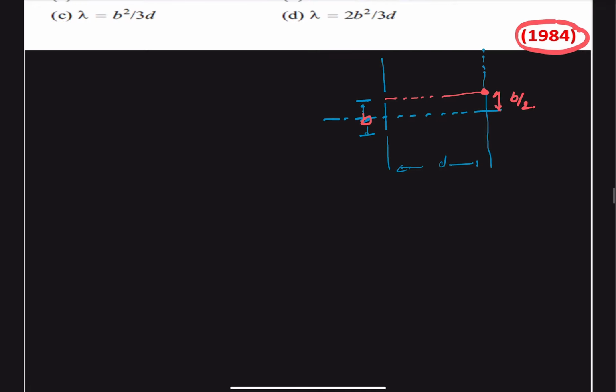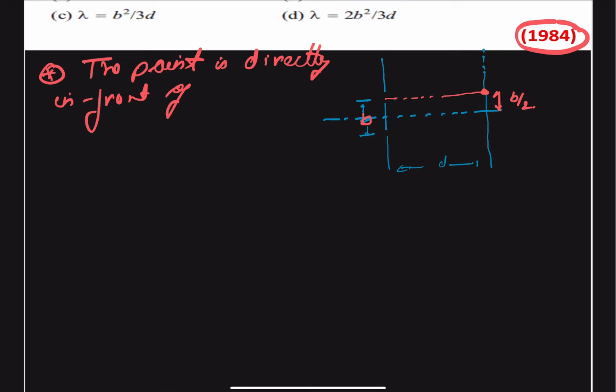So we can write that the point is directly in front of the slit.